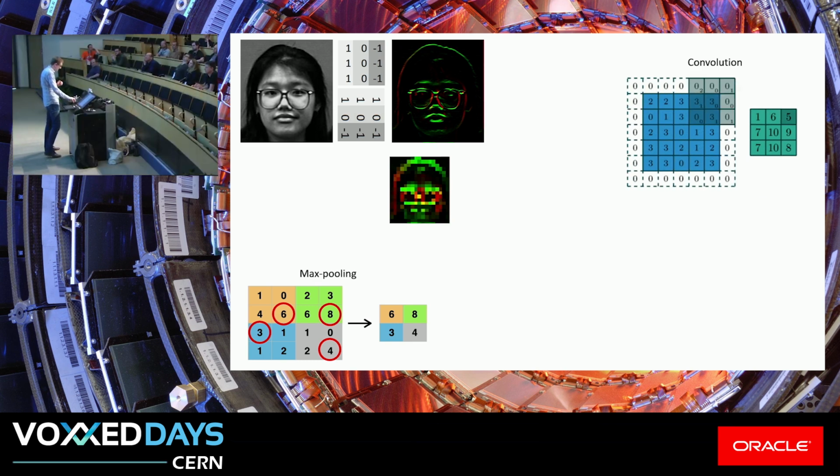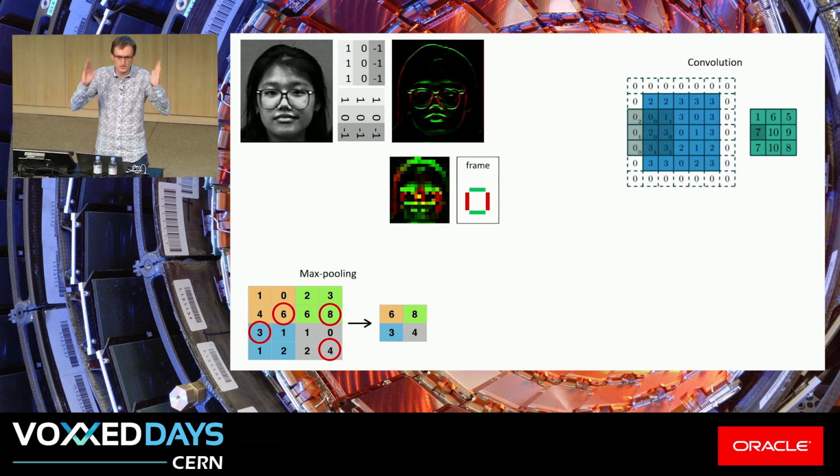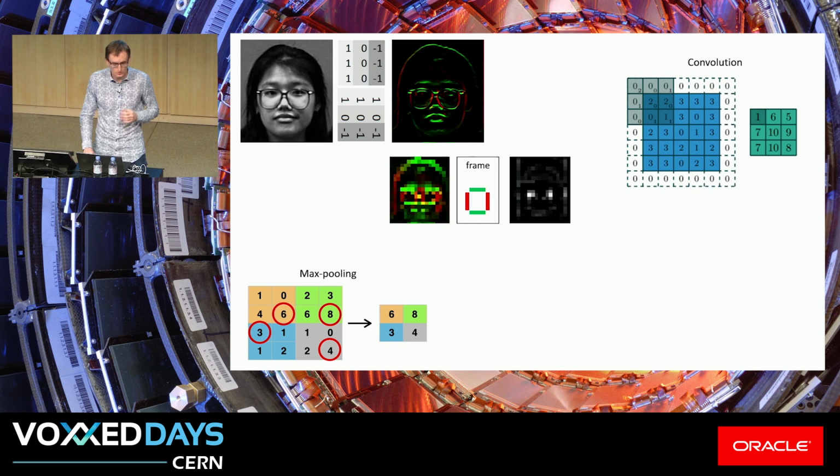Now at that scale, we can try to detect our frames, and the frame we can detect using the edges detected before will be just a rectangle enclosed by vertical edges and horizontal edges like this. When we perform convolution, we will see there are two frames here. We look at it at further perspective. Now we just detect two dots.